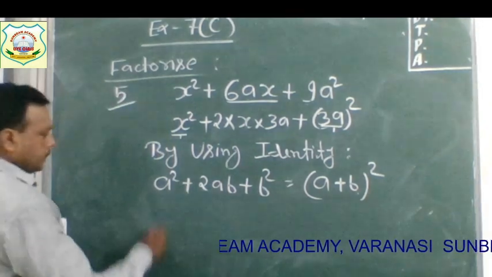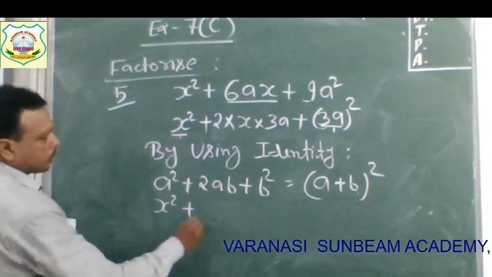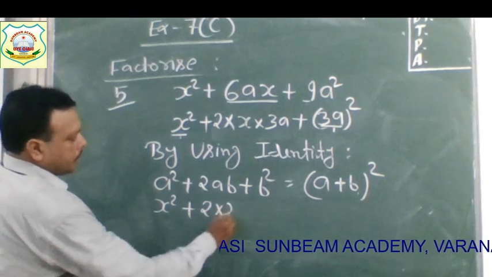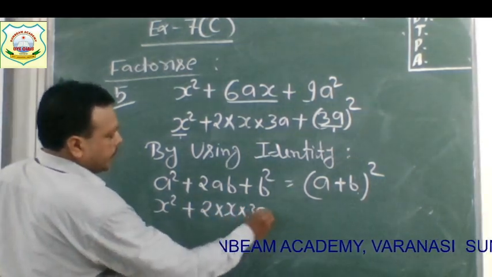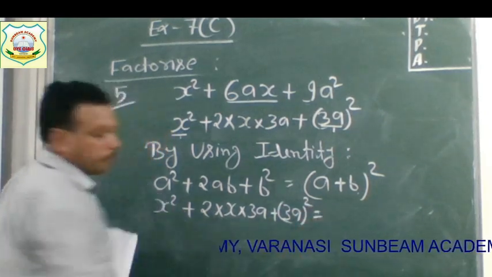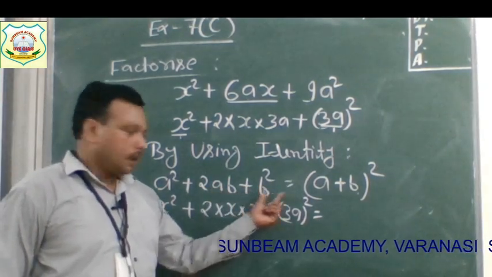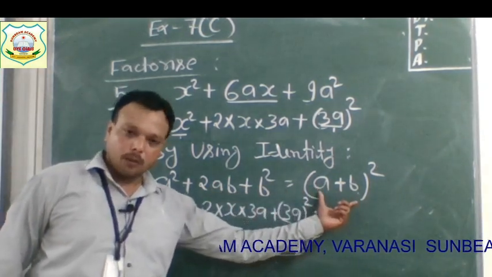So what should come here? The same form we have here: x square plus 2 multiply x multiply 3a plus 3a whole square equals, students, a square plus 2ab plus b square equals a plus b whole square.